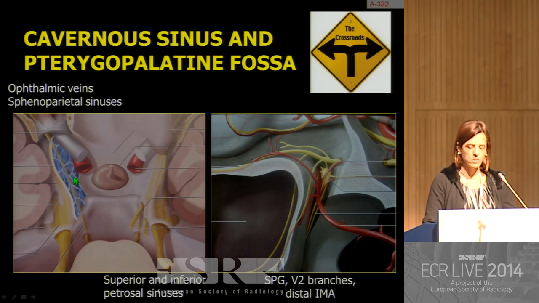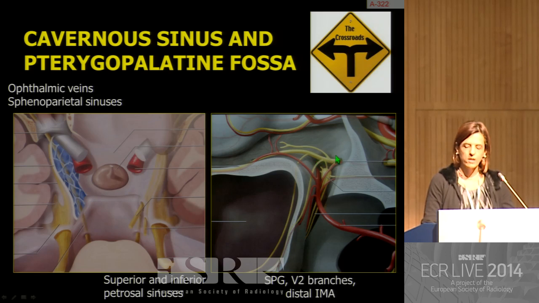The cavernous sinuses are dural-based sinuses. They are paired structures lying on each side of the sphenoid body. They receive venous drainage from the ophthalmic veins and sphenoparietal sinuses, and they drain to the superior and inferior petrosal sinuses. The pterygopalatine fossa lies extracranially. It has the shape of an inverted pyramid.